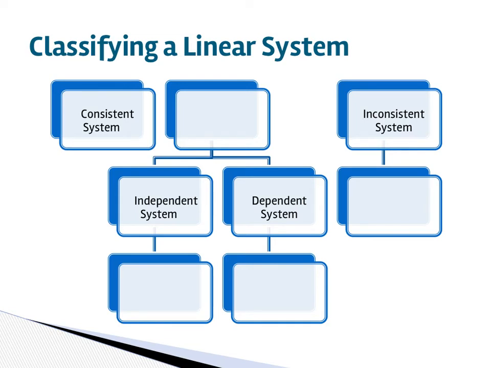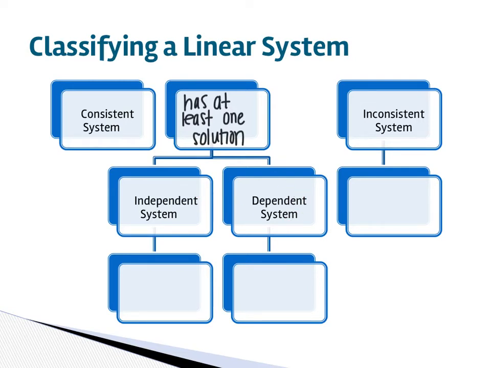Okay, we're going to talk about the different types of systems of equations. There's the consistent system, which has at least one solution. There's two types of consistent systems: the independent system and the dependent system.